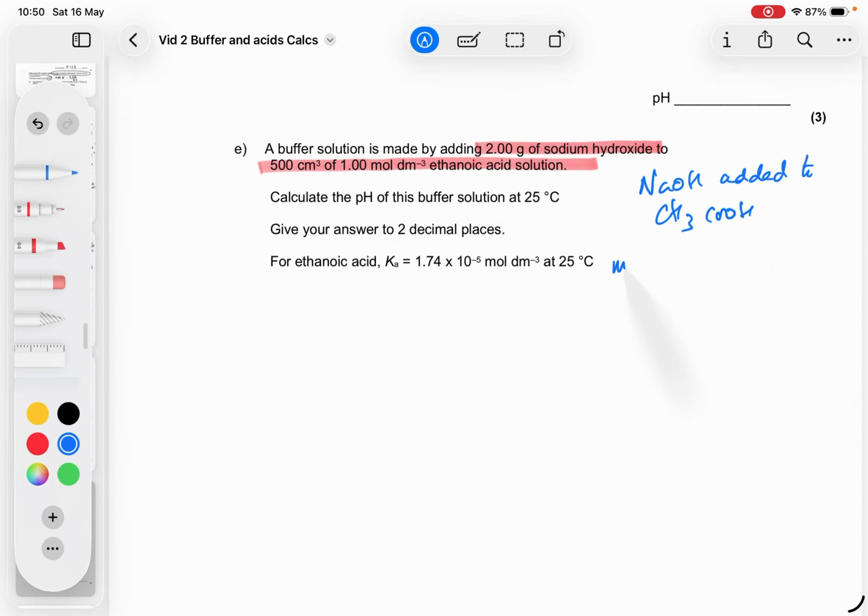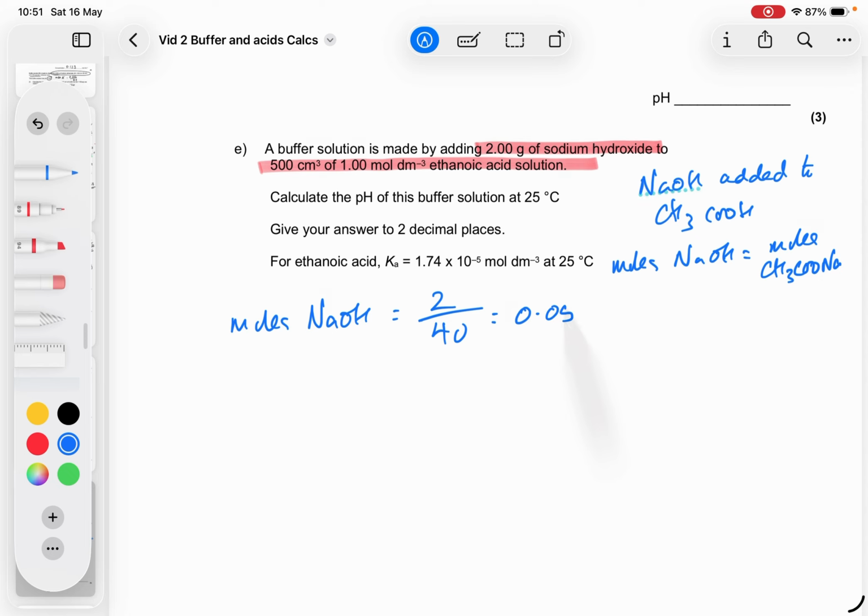That means the moles of sodium hydroxide equals the moles of your salt. Sodium hydroxide dissociates completely. So moles of sodium hydroxide is 2 over 40, which is 0.05 mole.